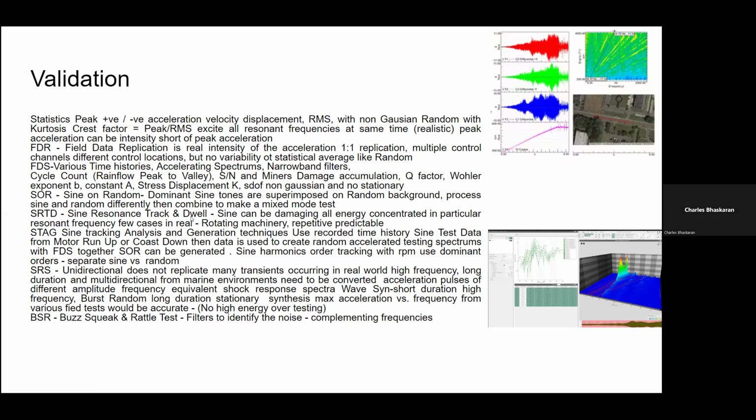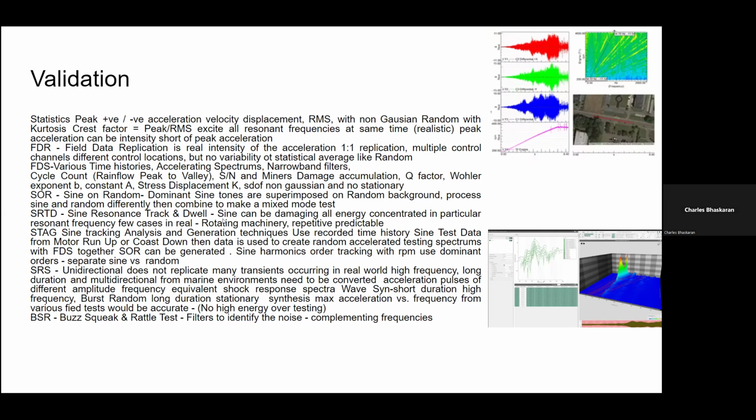So basically the machine will track the resonance and then it will dwell on the resonance. The important thing about random versus sine: in random, we put all the frequencies at the same time. In sine, all the energy is going to be in one concentrated frequency. And that is very different than what random is. So we have to put both of them in there.